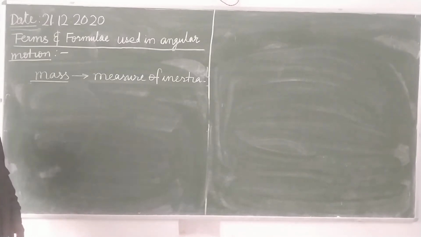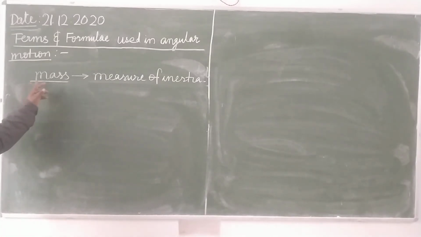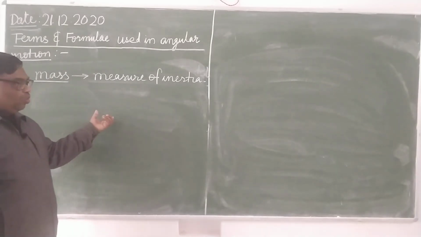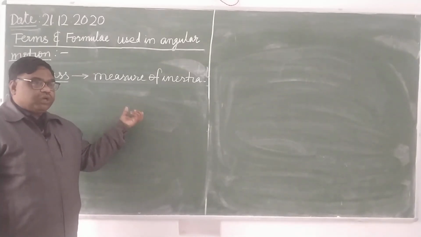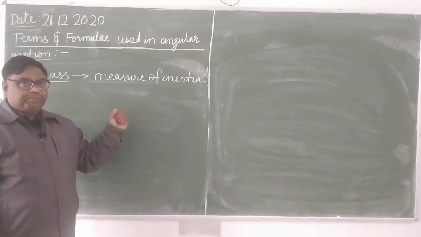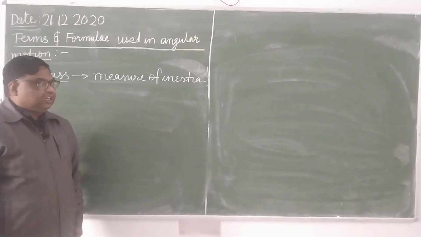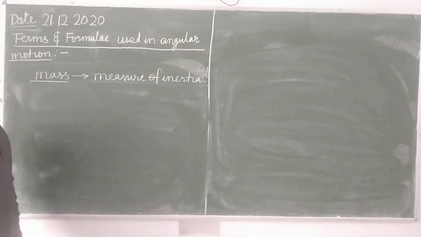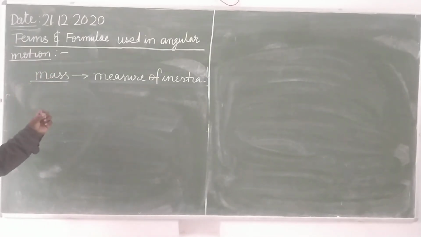That is measured by the mass. It means if mass is more, then the body will be more unable to change its state. Greater force will be required to bring the body from rest to motion, or to change the velocity of the body.